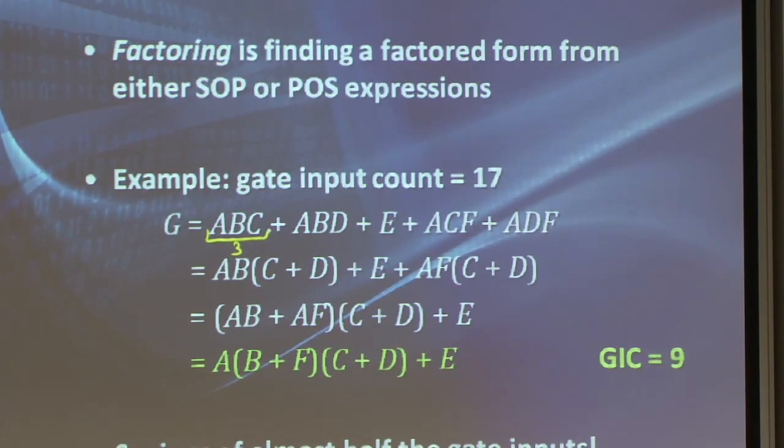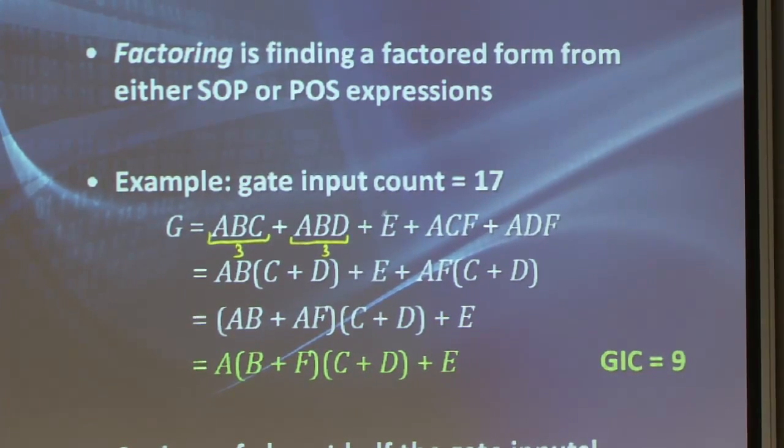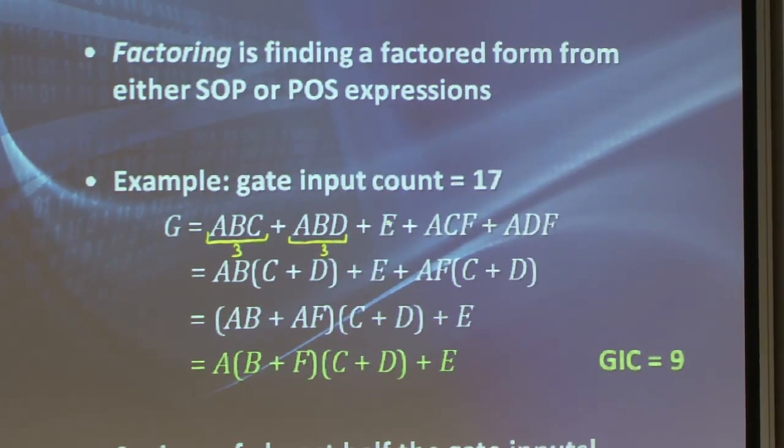In this case here, we have an AND gate with 3 inputs for the A, B, and C signals. Similarly, we have 3 inputs here. This is not an actual gate because we're not doing any operation on this literal. We'll have another 3-input AND gate here, another 3-input AND gate here.